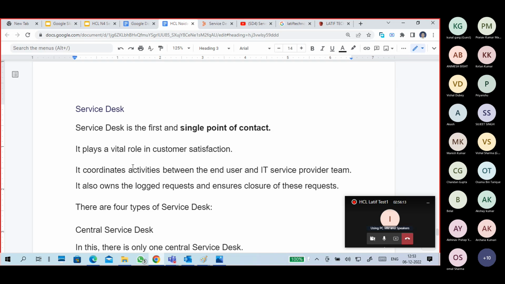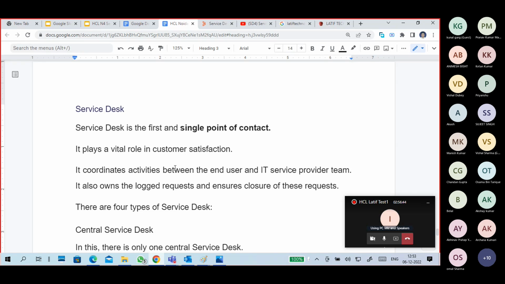So when you get a question, guys, about what is a service desk: a service desk is the single point of contact between the end user and the IT service provider team, or IT employees team. It is between the user, customer or client and the IT service provider or IT employees.